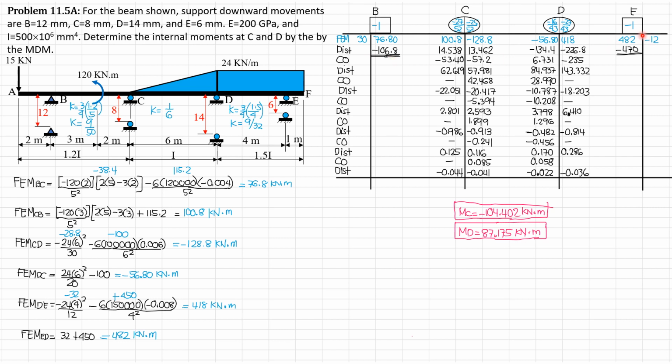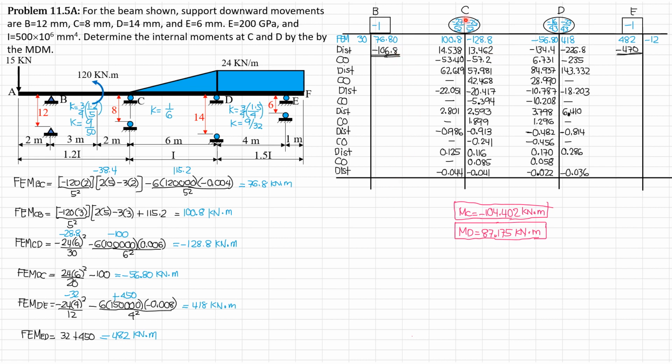Same is true at E. So quantity 482 minus 12 is 470 times negative 1. That's why we have negative 470 here. And we lock it finally because the final moment there is positive 12 in ED and the moment in EF is negative 12. This is 12 and negative 12. This is 30 and this is negative 30.